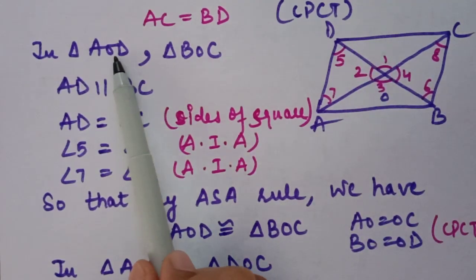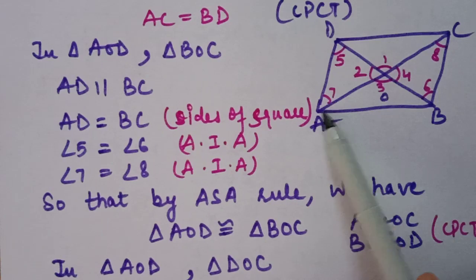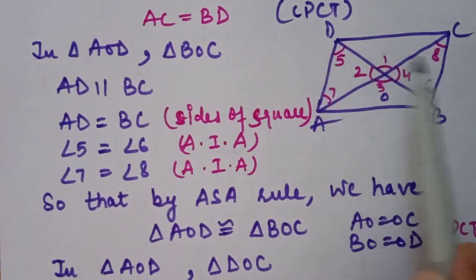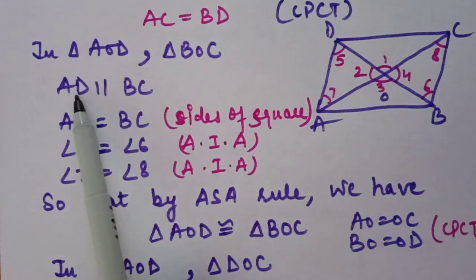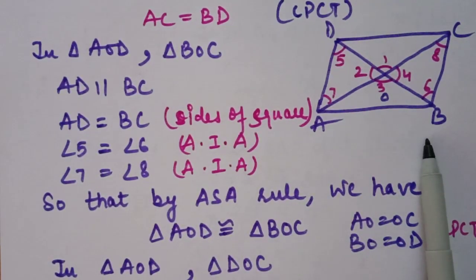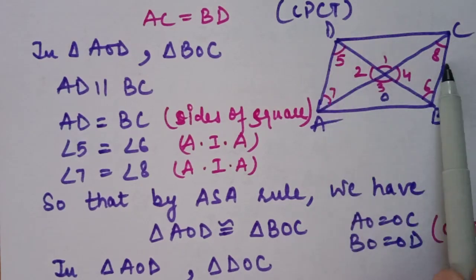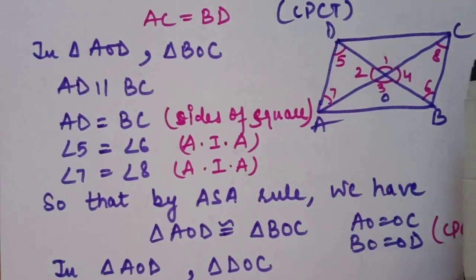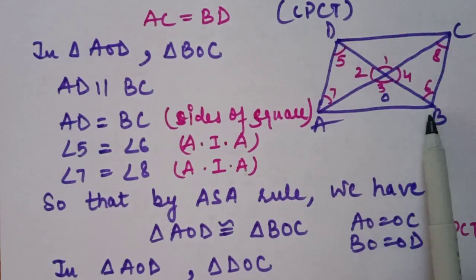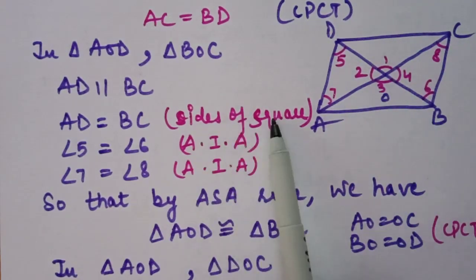So students, now we will take small triangles, triangle AOD and triangle BOC, two vertically opposite triangles. First of all, we know it very well that AD and BC are parallel to each other because all squares are parallelograms also. So definitely, AD and BC are equal to each other, sides of square.